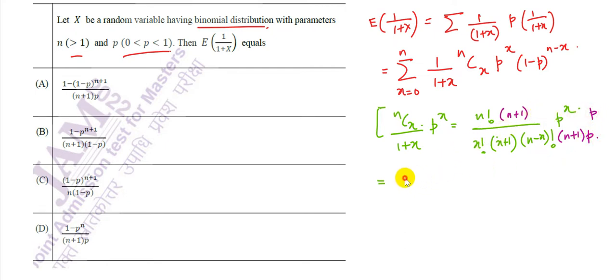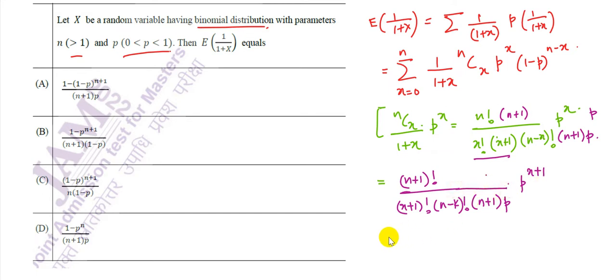So then I can write this as n plus 1 factorial by x plus 1 factorial. This part will give you x plus 1 factorial into n minus x factorial into n plus 1 into p into p to the power x plus 1.